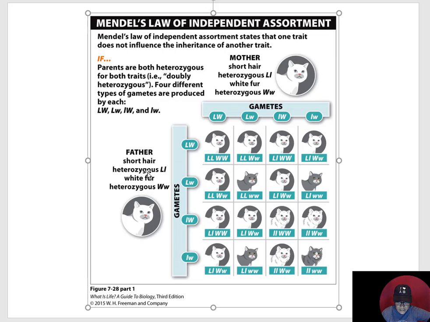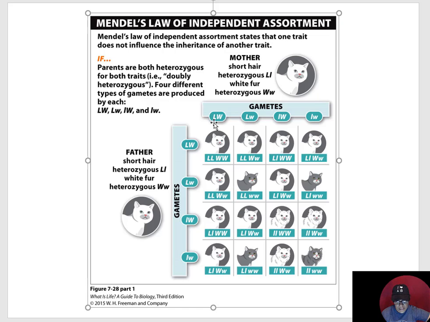The father is heterozygous for the gene for short hair and heterozygous for the gene for white fur. Then we have all of his possible gametes made here. And then we start filling in our boxes for the genotypes, and then we figure out from the genotypes what the phenotypic expression of the individuals is.